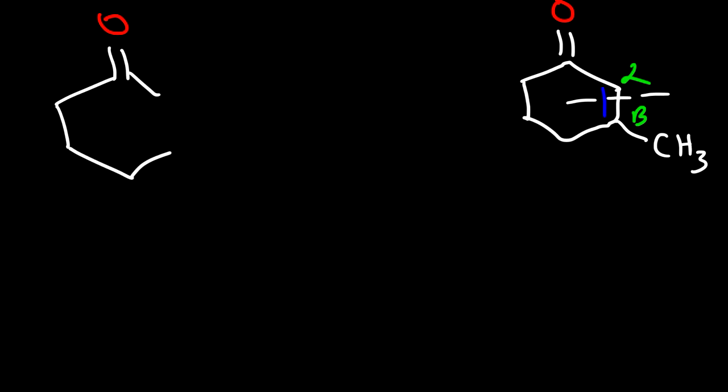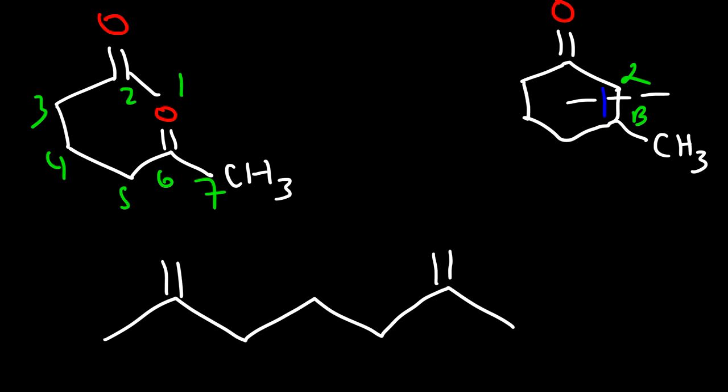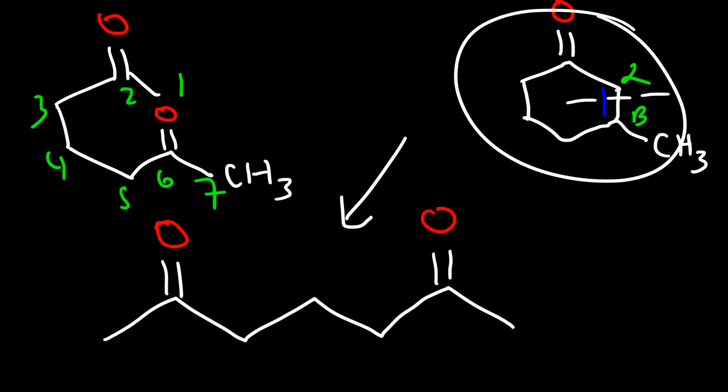Now on the beta carbon, we're going to put the double bond O here. And this is the same if we draw it this way. So we have 7 carbon atoms, 2, 3, 4, 5, 6, 7, and there's a ketone on carbons 2 and 6. And so that's how you can determine the original reactant if you're given the product of an aldol condensation reaction.